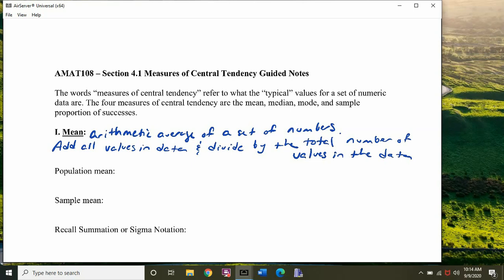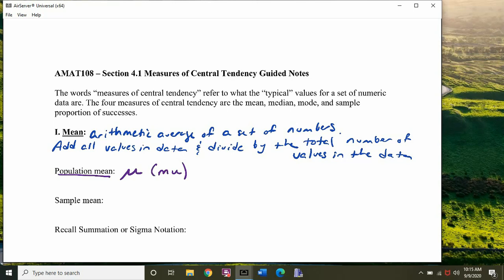Now in this class, we're going to talk about population means as well as sample means. And there's a difference typically between the notation we use for population. Are we dealing with the entire population here, or are we only dealing with a sample? For the population mean, we typically use lowercase Greek letter mu.